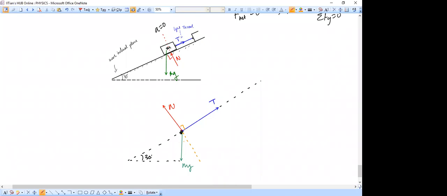So that means that again, this angle will be 30 degrees. Okay. You understand now, because the tension acts along the thread, which is parallel to the inclined surface.